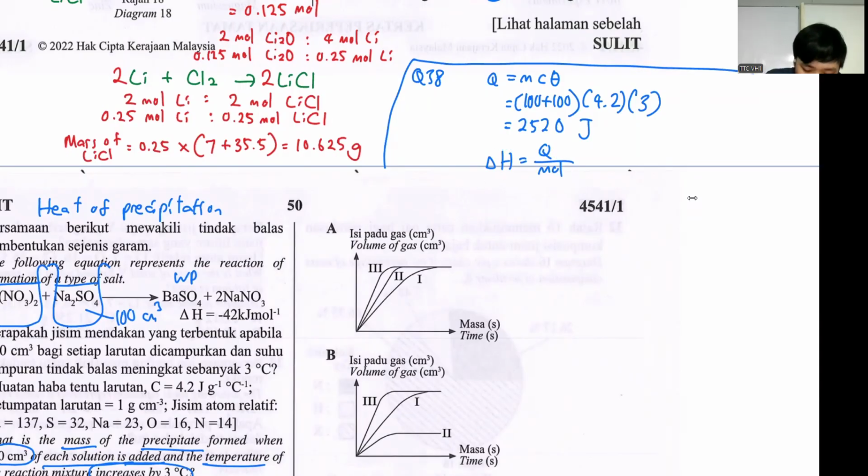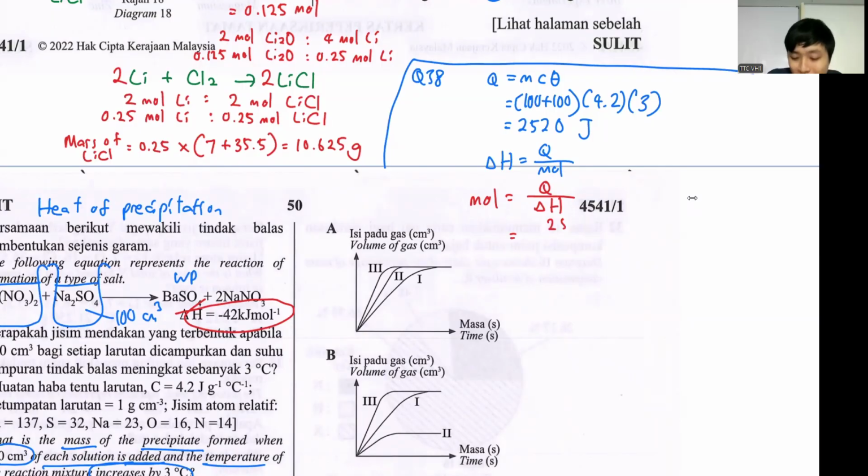They give you delta H. So if you want to find the mole, then only you can find the mass. To find the mole, Q divided by delta H. So 2520, not divided by 1000.